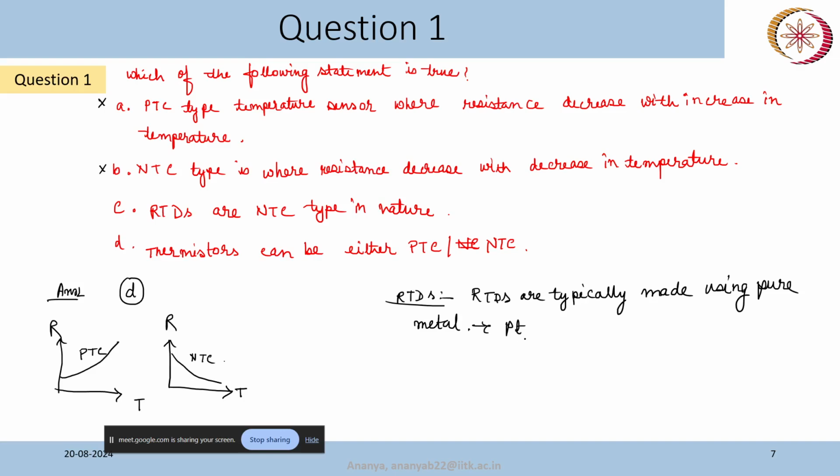This is the most commonly used. Other metals such as nickel or copper are also used, but platinum is most common, and they have a positive temperature coefficient.